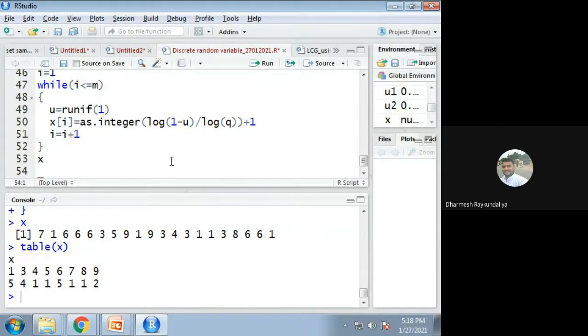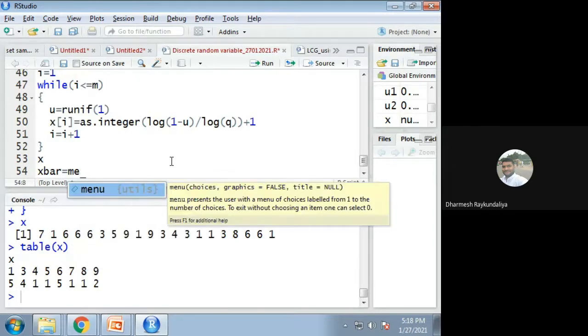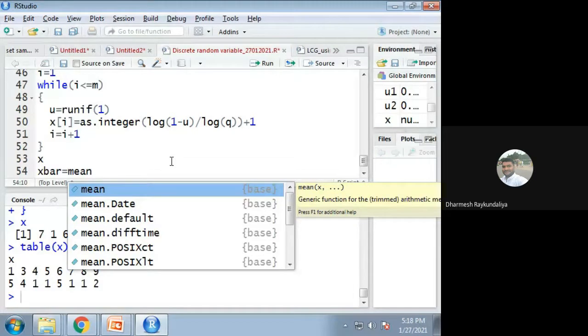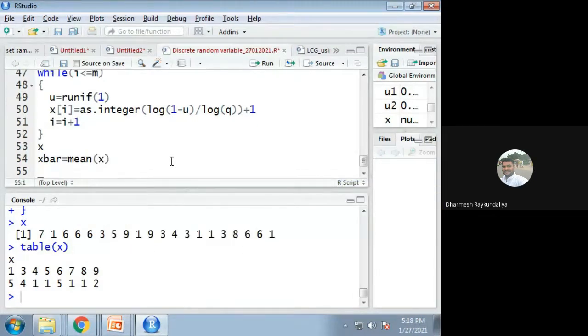Now what is the mean of x? What is the variance of x?